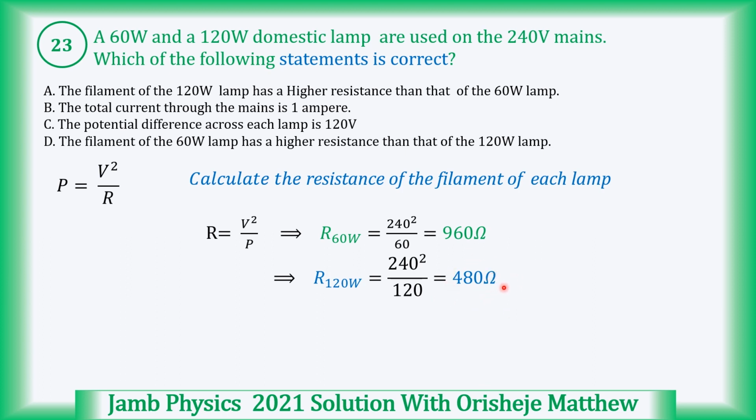So the resistance of the 120 watt lamp is lower than the resistance of the 60 watt lamp. So the answer is D.